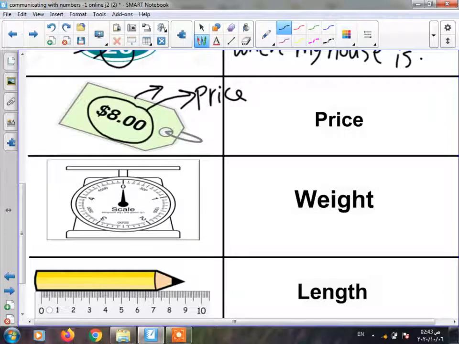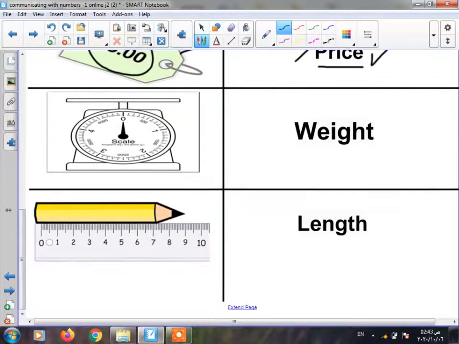If I buy a t-shirt, I find this ticket. On this ticket there is the number of its price. So that number on a ticket gives me information about what? About price. Excellent.